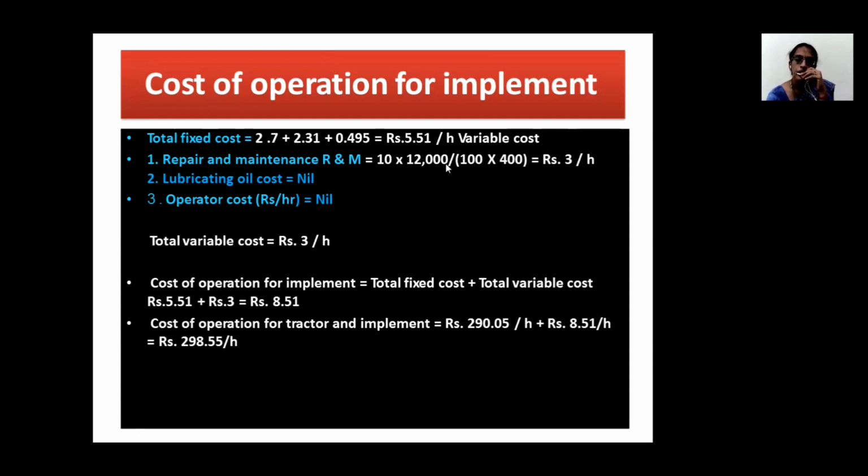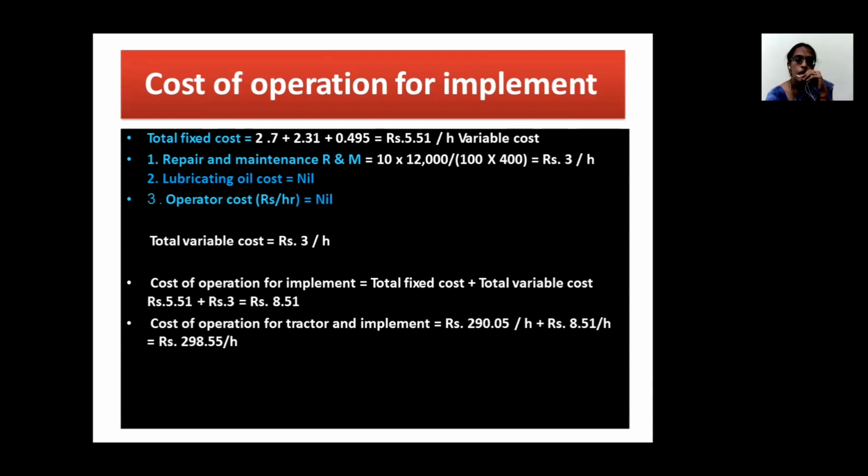So per hour, the repair and maintenance charges will be around rupees 3. The lubricating oil cost won't be taken into consideration, and the operator cost is also not taken into consideration. So the total variable cost will be rupees 3 per hour.